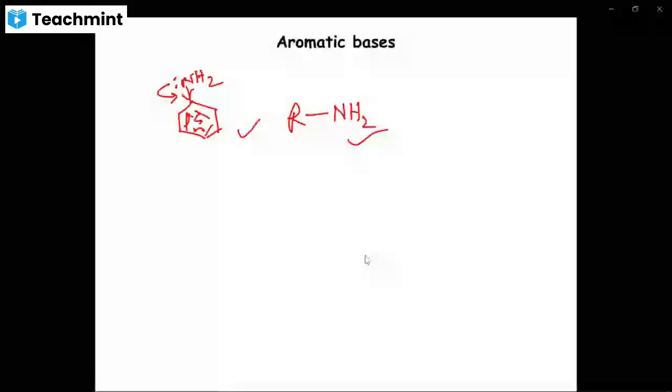So let's say you put some R group over here, some alkyl group. Will the basicity increase or decrease? What will happen if you put some R group on the para position of the amine? Am I audible?